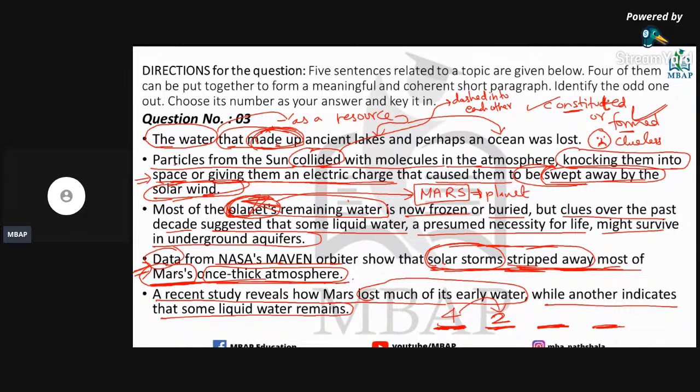Sentence 2 describes 4, right? It says that particles from the sun collided with molecules in the atmosphere, and that is why the solar wind stripped away most of Mars' thick atmosphere. Am I correct? So 4 and 2 are directly linked. Quick reply on that, right, students? Do you agree with me?